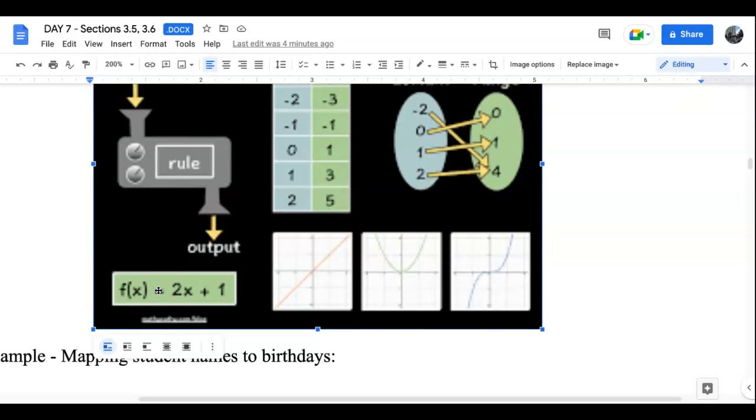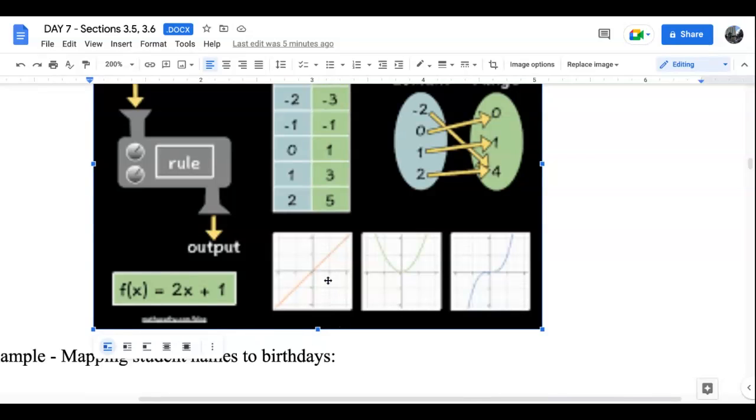So for this one, how do we make a statement of this function? The statement we can make is: f of x, or the function value, is double the input, then add 1 to it, right?